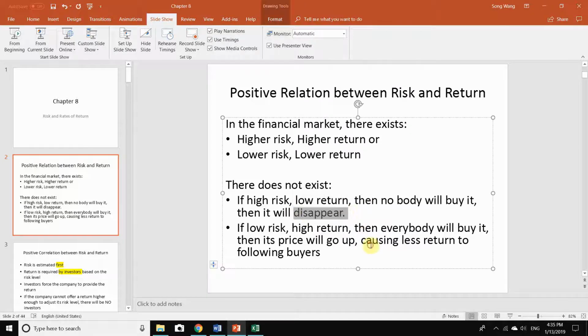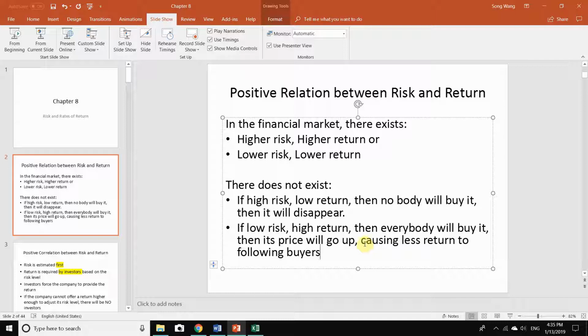Eventually, it will disappear. Also there may exist some investment that gives a high return but with a very low risk. That's very desirable. Then everybody would buy it. Everybody would swarm to get a piece of it. So as a result, the price will go up just because everybody is buying it. The demand shifted, and that basically pushes up the price.